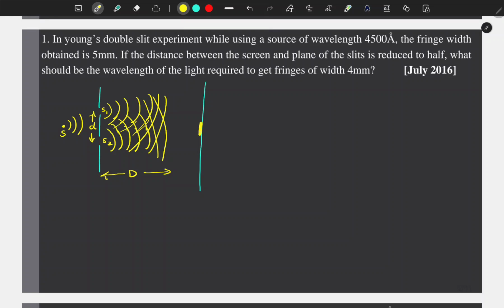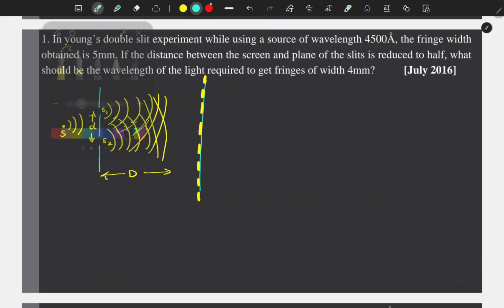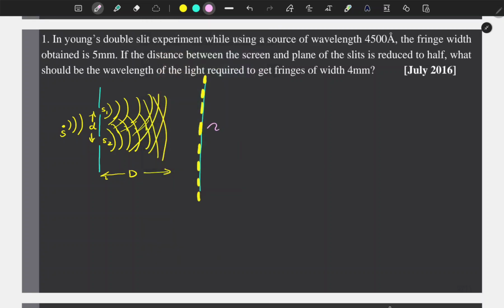Here I'll consider the central bright fringe, first bright fringe, second bright fringe, nth bright fringe on either side. So this is the central bright fringe.